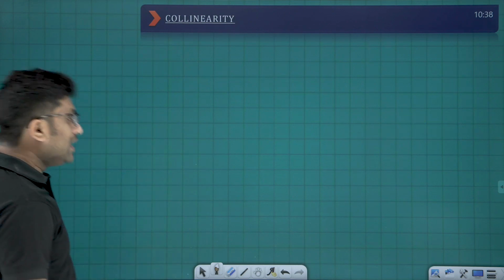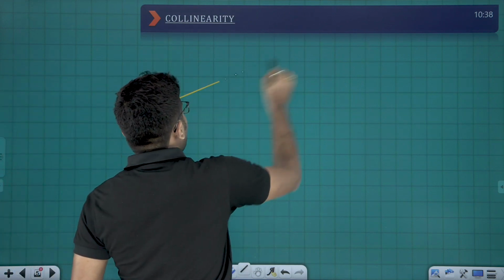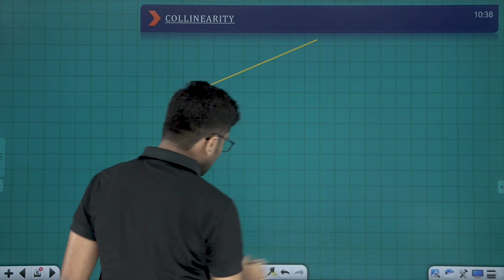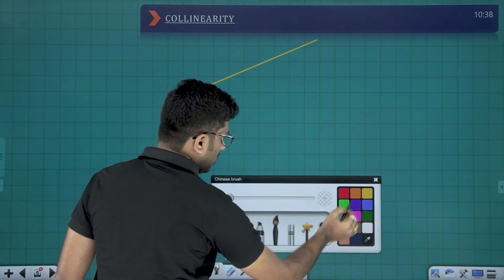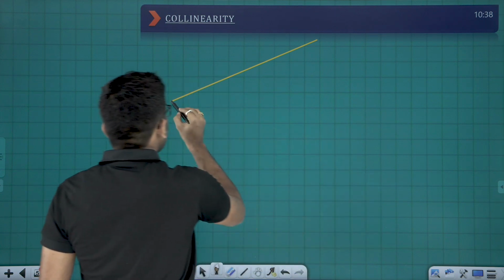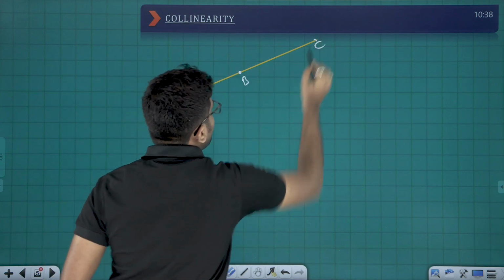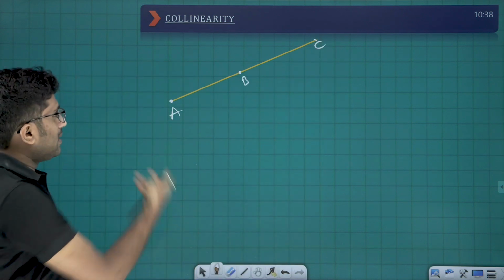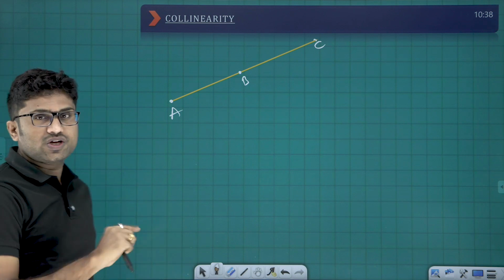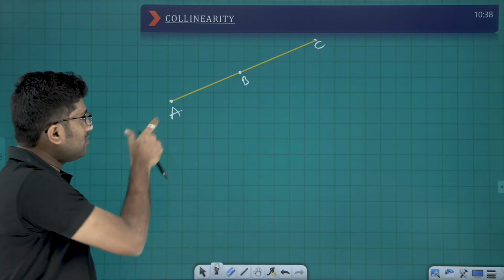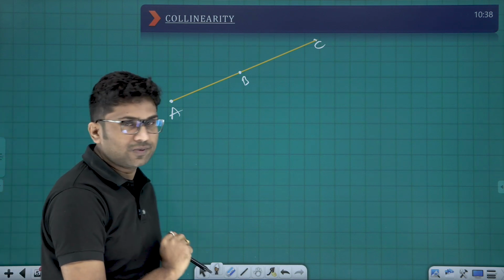Next, collinearity. Till now we have seen many methods like distance formula and all. Now see this, friends. Suppose capital A, capital B, capital C are collinear. Then generally by using distance formula, AC is equals to AB plus BC. The longest of them should be equals to the sum of the remaining two.